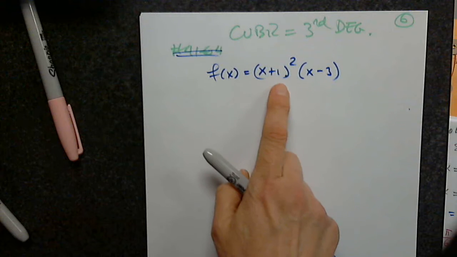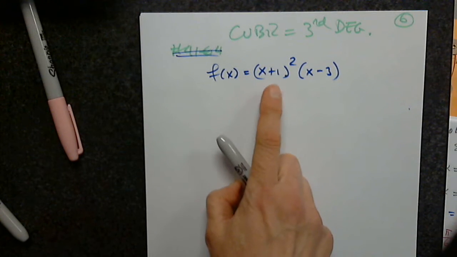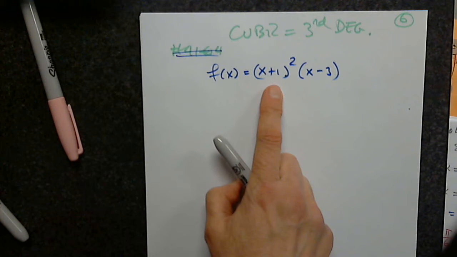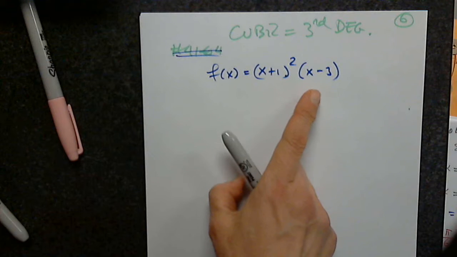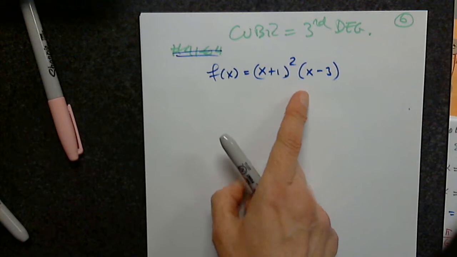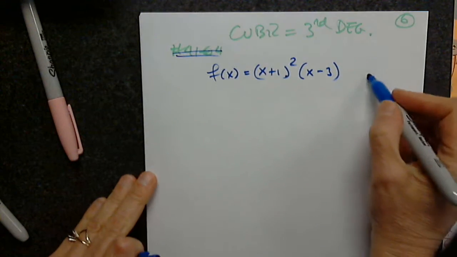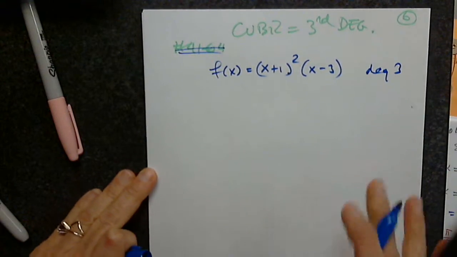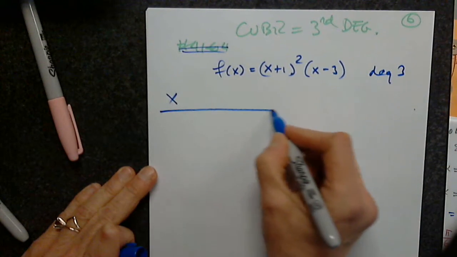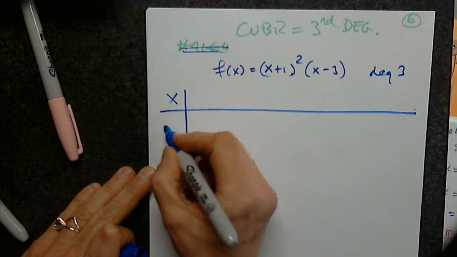When I square x plus 1 squared, what degree do I get? Yes, I get x squared, right? When I multiply x squared by x, what degree do I get? 3. Is that clear? Okay, very good. So this is degree 3. I get my chart going, and I will go through the list.